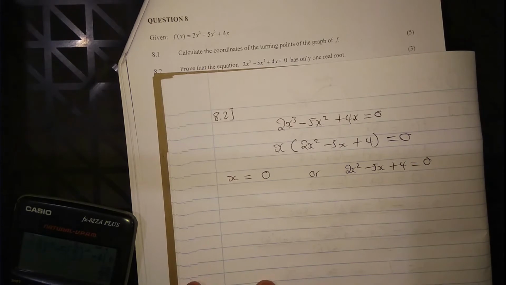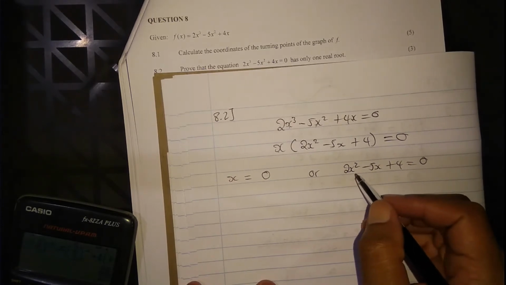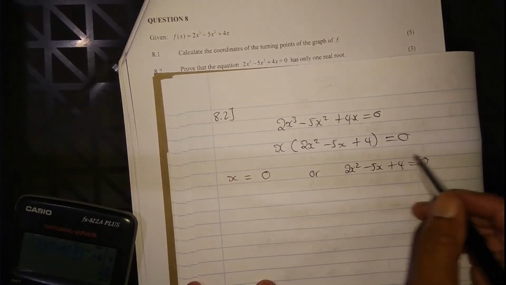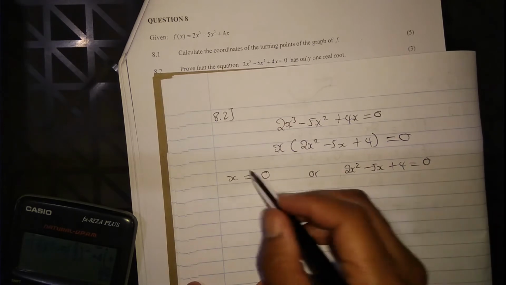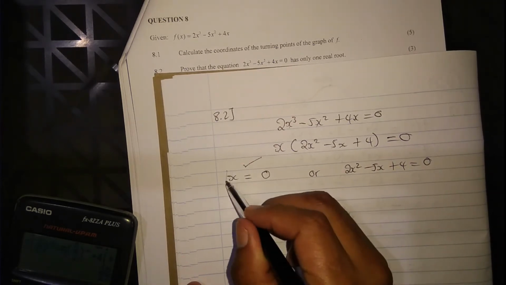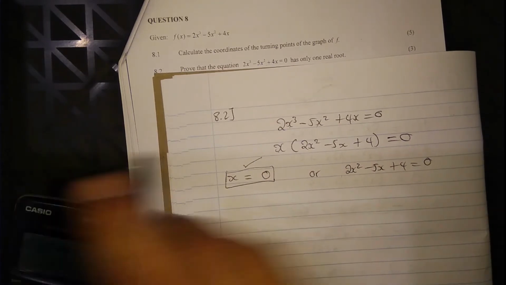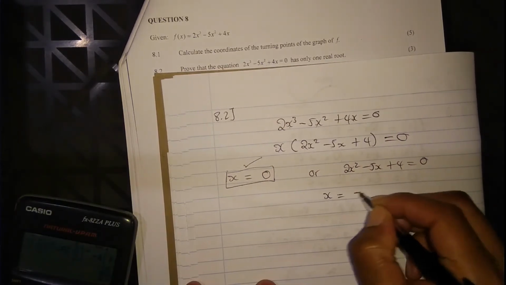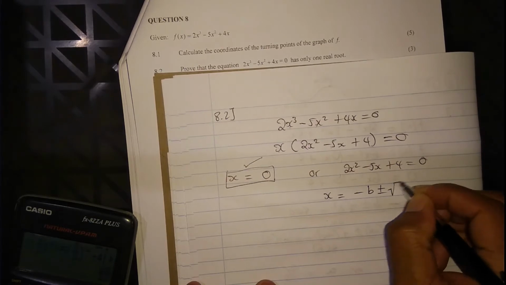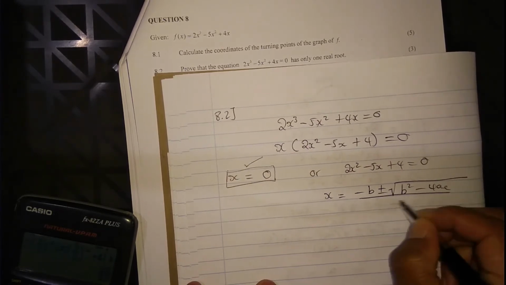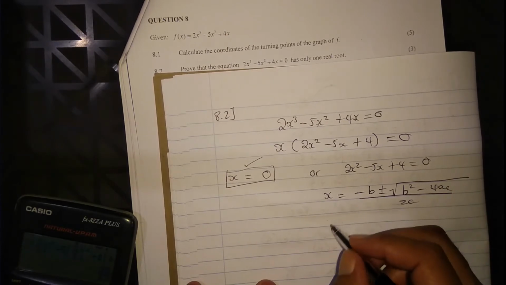Here we have the quadratic equation. Again, I need to prove that this equation has only one root. Let's see if this one gives roots, because x equal to 0 is our first root. Let's see what this gives. X equal to minus b plus minus the square root of b squared minus 4ac over 2a.